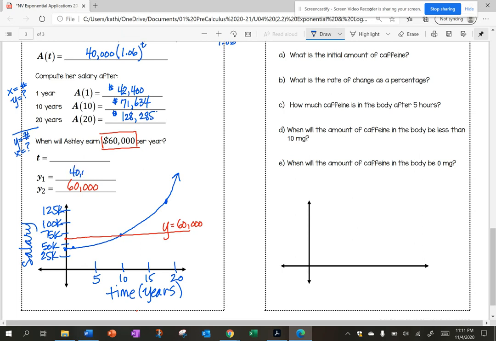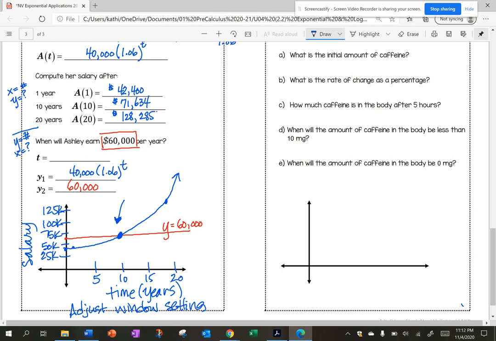So this is going to be 40,000 times 1.06 to the t, and I'm looking for this intersection right here. In order to calculate the intersection on my calculator, I need to be able to see it. So you want to adjust your window settings. Set up the window so x min is 0 to 20 and y max is 0 to whatever, 130,000.